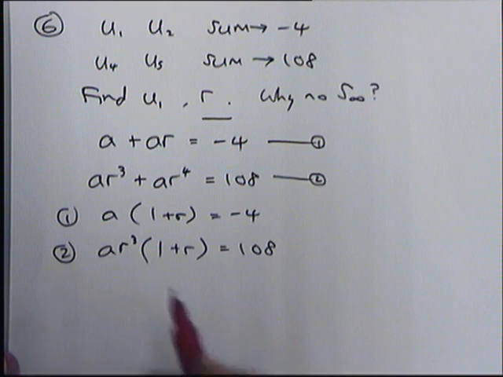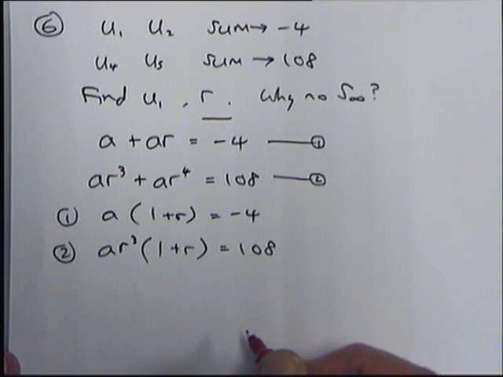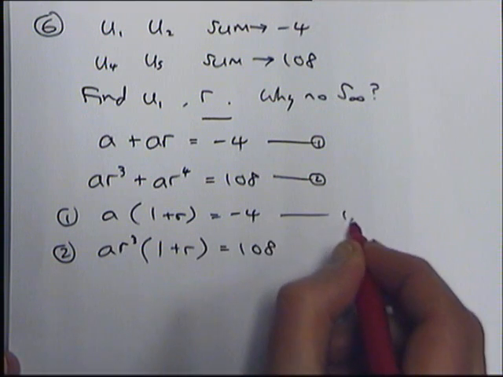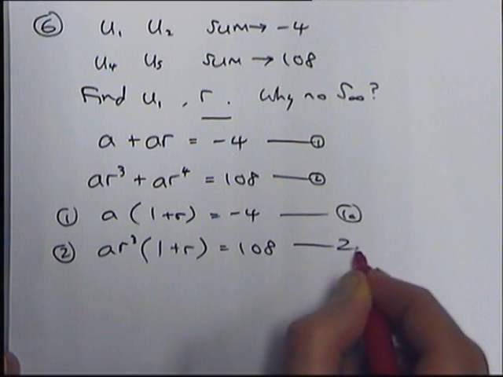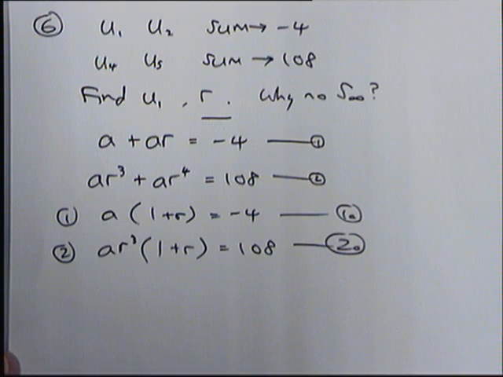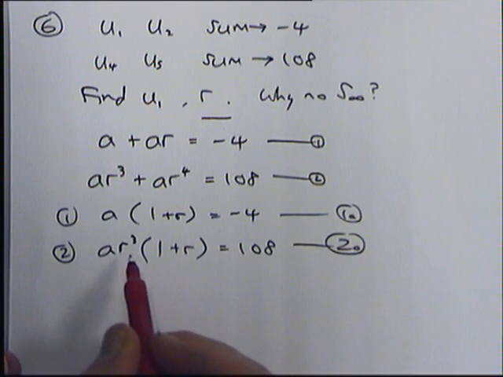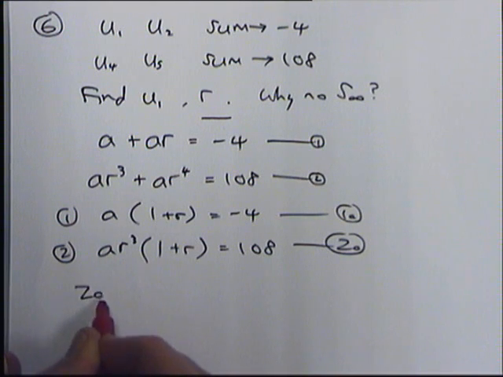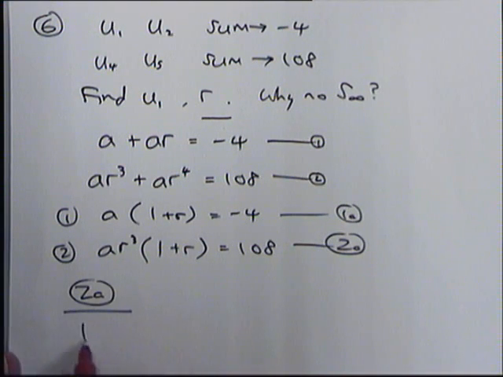And now, using something I did, I think, in the previous video, I can do a divide. If I call this equation 1a and this equation 2a, they're just different versions of equation 1 and equation 2. Choose the one with the highest power of r in, which is this one here, and I'm going to do equation 2a divided by equation 1a.